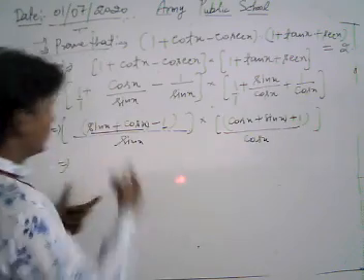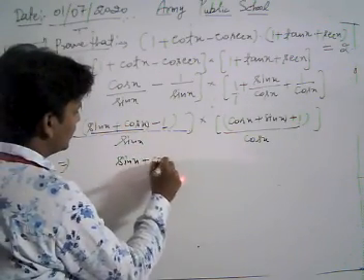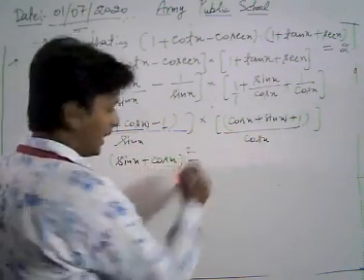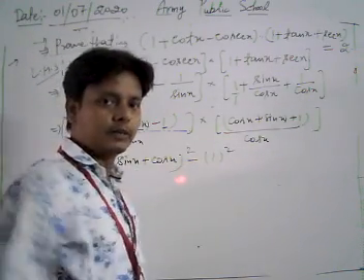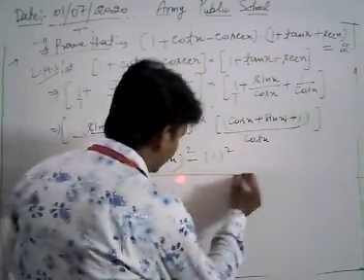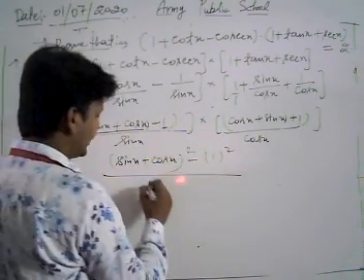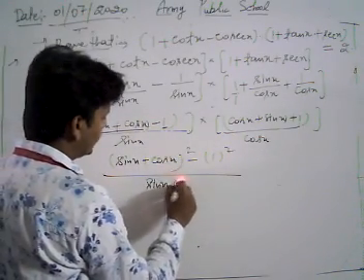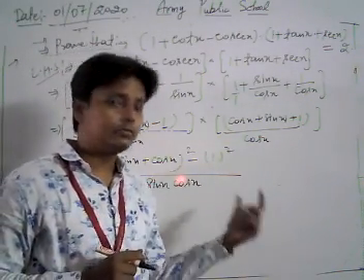So here we get A² − B² with B² being 1 squared. And in the denominator we multiply sin x and cos x, so we get sin x cos x.